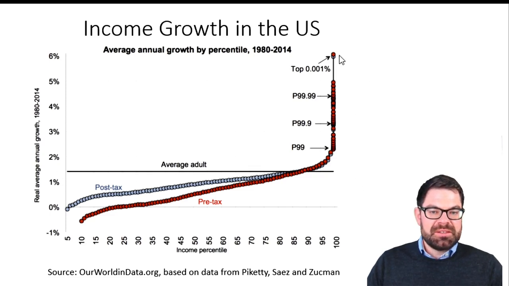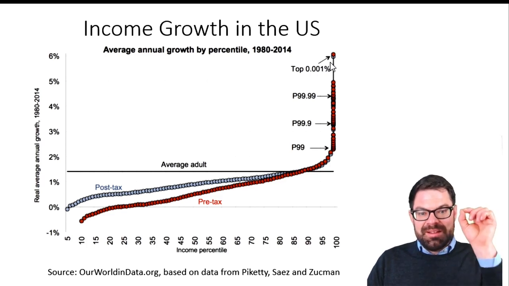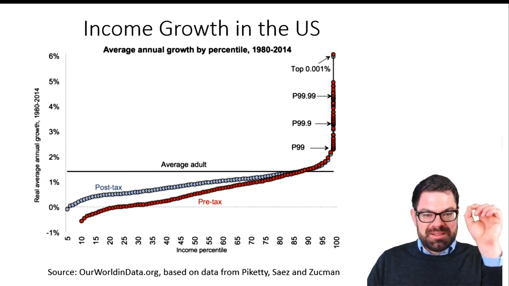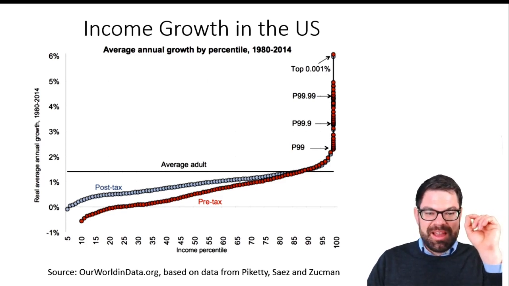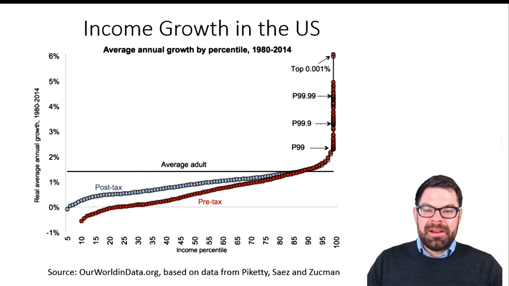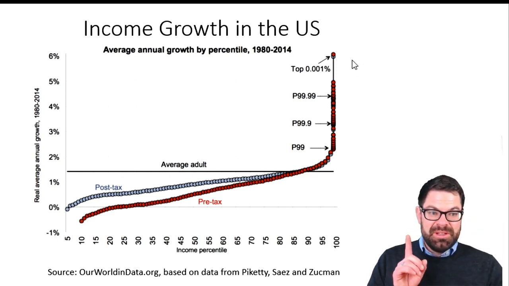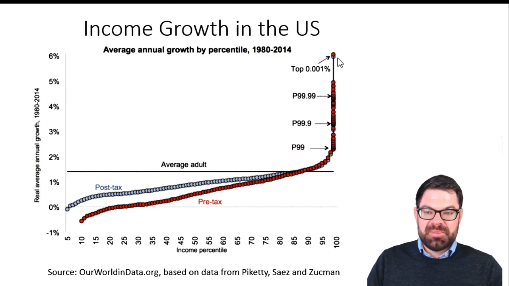But when you look at the top 0.001%, so this is one person in, let me think, 100,000 or 10,000? Anyway, a small fraction. It's 1 in 100,000. So this is really the top. These are the Great Gatsby type people. Their incomes have grown annually in that period by 6%.